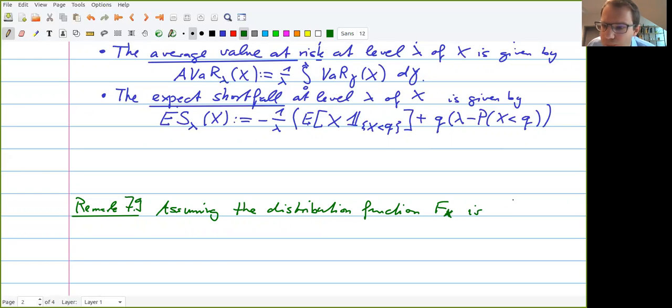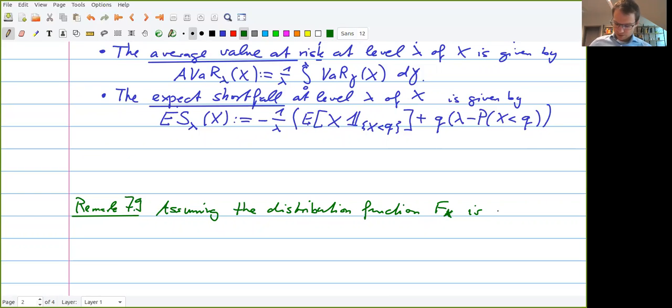This is probably the natural situation in any application, because every discontinuous function you can always smooth a bit, and then you have a continuous function.